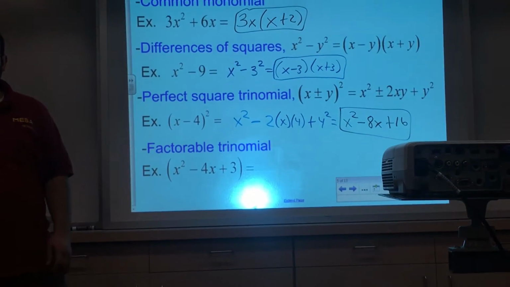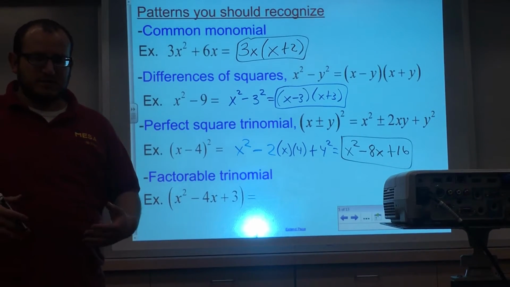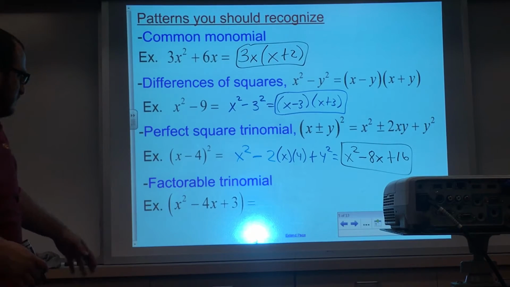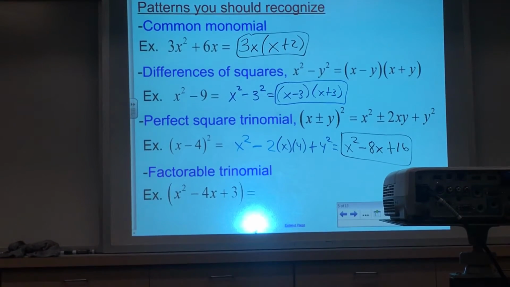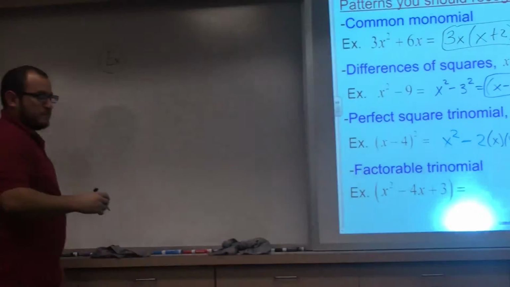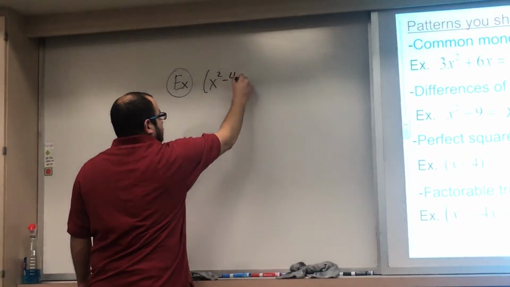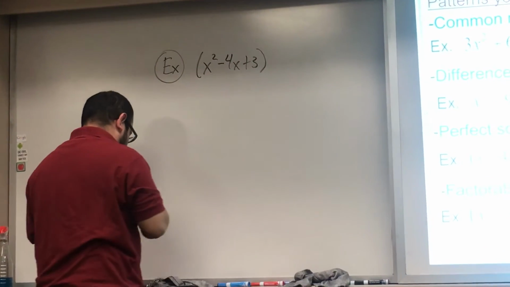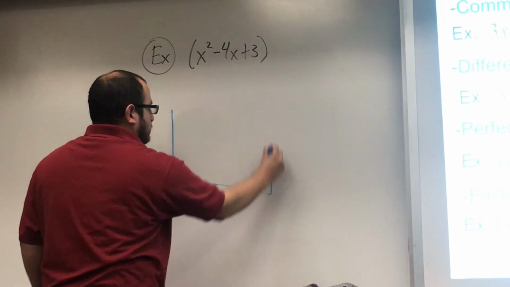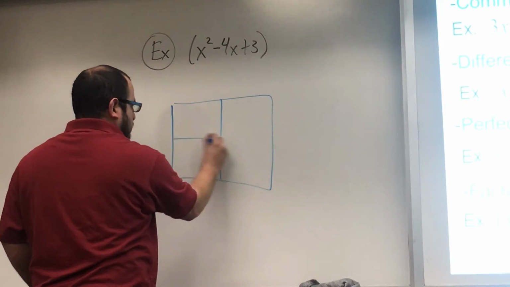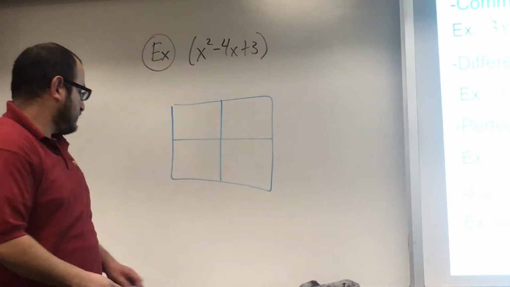Here I'm going to show you the box method. If you've never seen the box method before, well, this is a different form of the box method. I'm going to use the box method to factor. Okay? So let's go ahead and do the box method. If you've never seen a box method before, go ahead and create yourself a box.